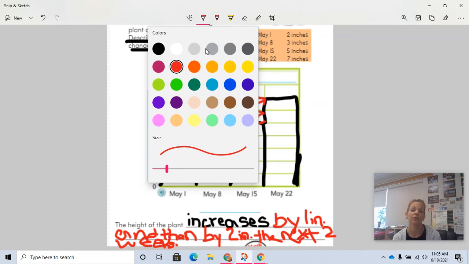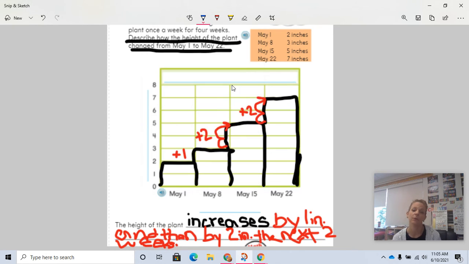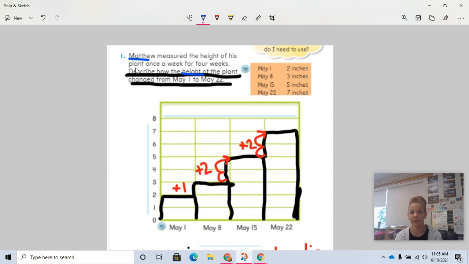All right, my friends, so you should have all of that written in. Now, our goal today, and what we really need to be able to do in second grade, is be able to write our title. Here we looked at our keywords, height, and we knew it was Matthew's plant. So that's why we wrote the title, Height of Matthew's Plant. Okay.